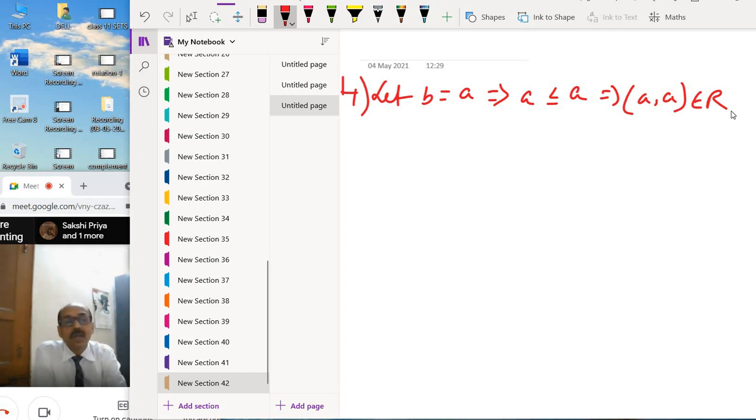So A less than or equal to A in general, so (A, A) belongs to R. Therefore R is reflexive.